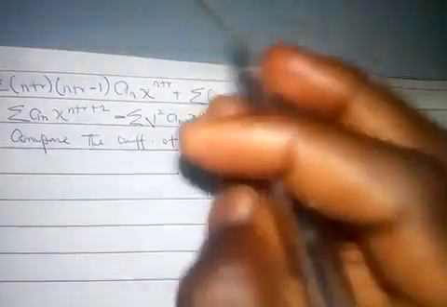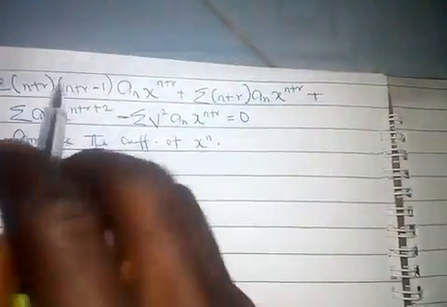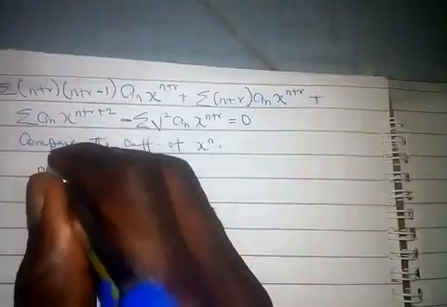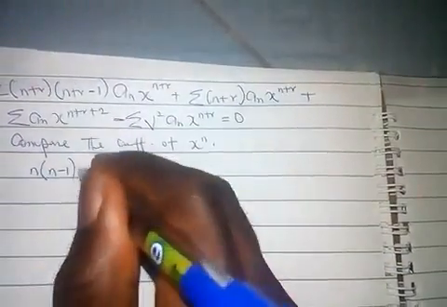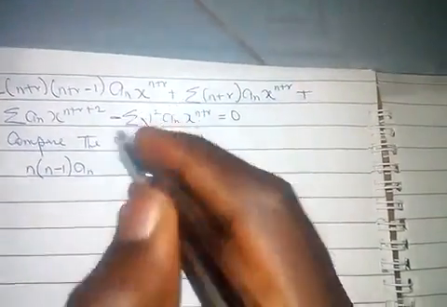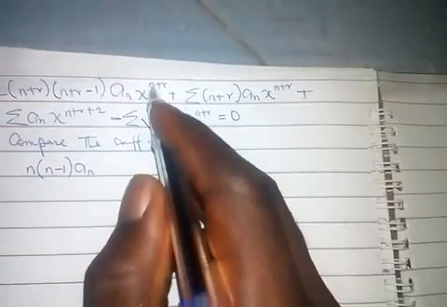In this case, r will be 0 or 2, and a_n is the coefficient. So we have n, r is 0, into n minus 1, a_n. No need to write x^n because you are comparing the coefficients.